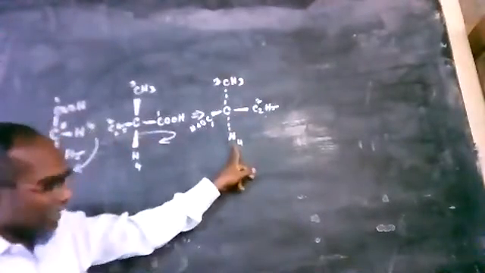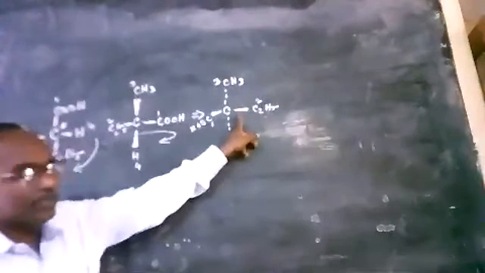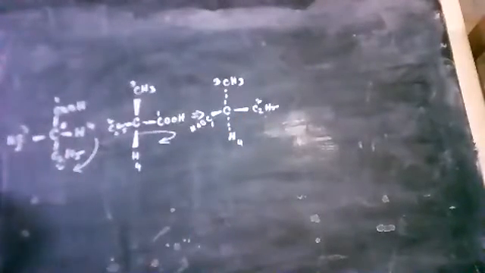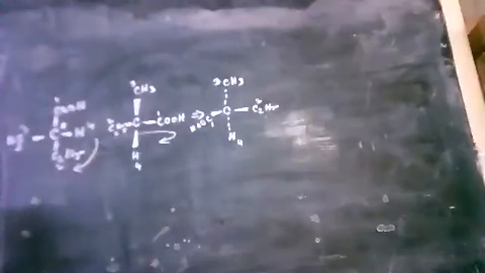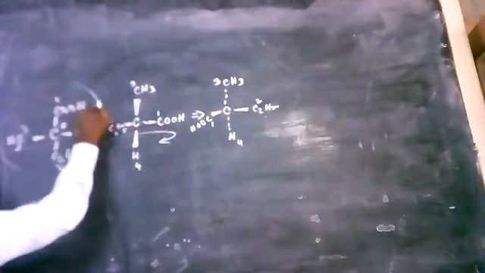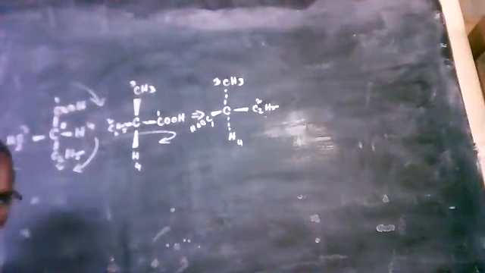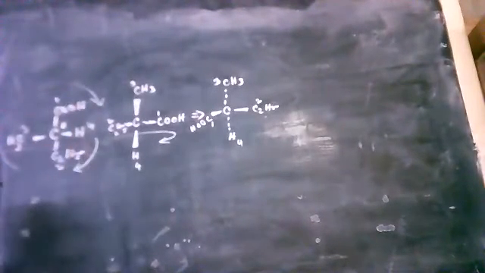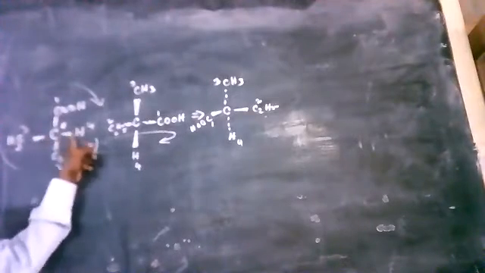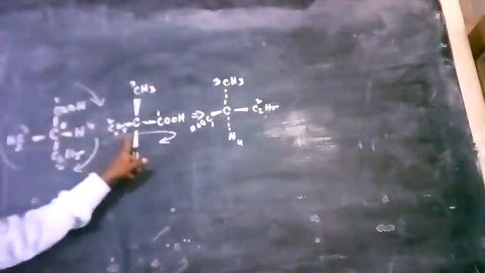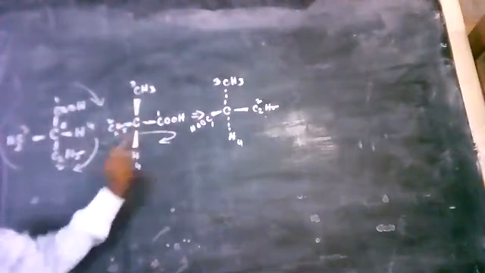Now I have brought the hydrogen down. At the same time, the Fischer projection is maintained. But watch closely. My idea is to bring the hydrogen down. So in order to bring the hydrogen down, I have turned the molecule like this. It is a planar motion. When I turn the molecule, the horizontal arms were projecting towards the viewer. Now as I have turned, the vertical arms are projecting towards the viewer.